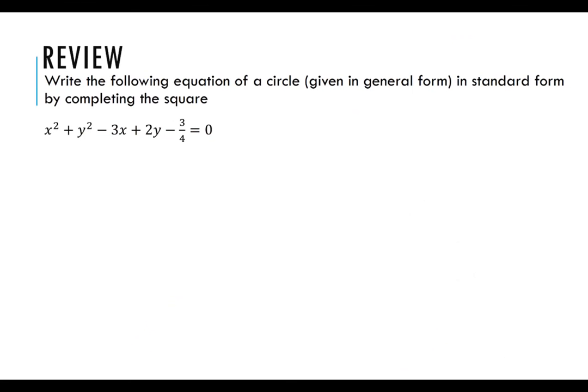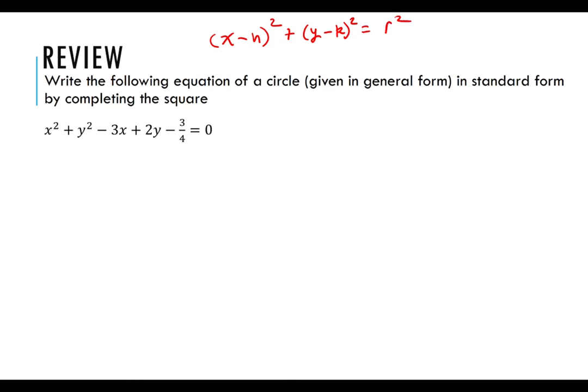Now we want to write the following equation of a circle that's given in general form in standard form, but to put it in standard form we need to complete the square. And recall that standard form is x minus h quantity squared plus y minus k quantity squared is equal to r squared.